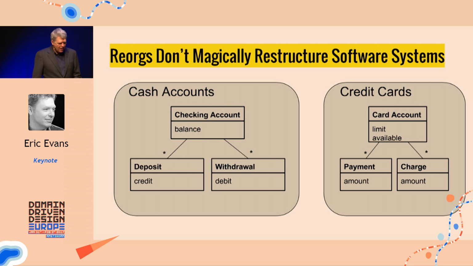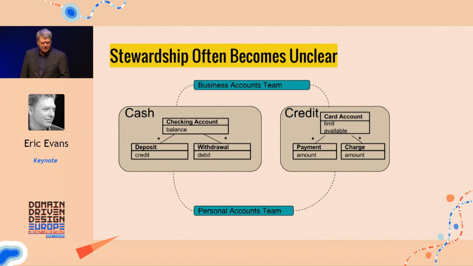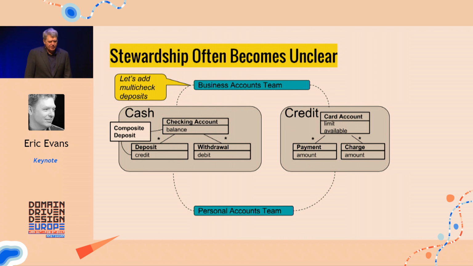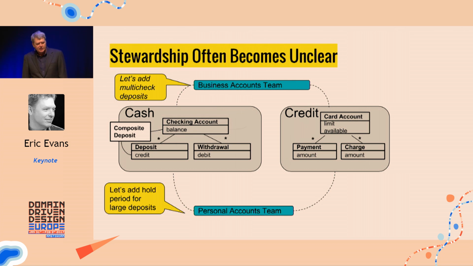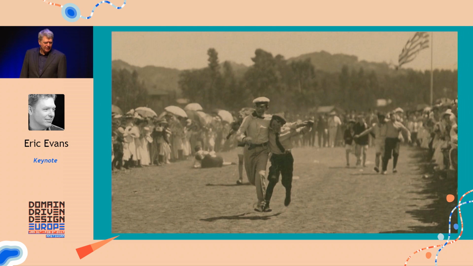So now what we've got is something like this, where we have two teams that are sort of tugging at these two contexts. And the stewardship, no one's talked about it, as so often they don't, or they talk in kind of idealistic terms, where, well, we'll just coordinate and cooperate. And so they start to make changes. This team makes a change, and that team makes a change.